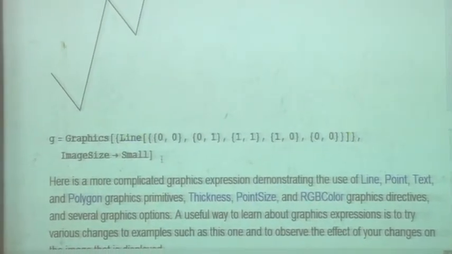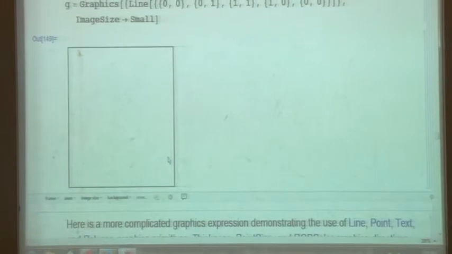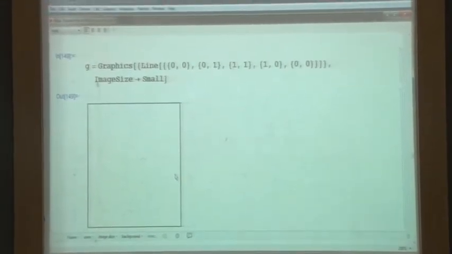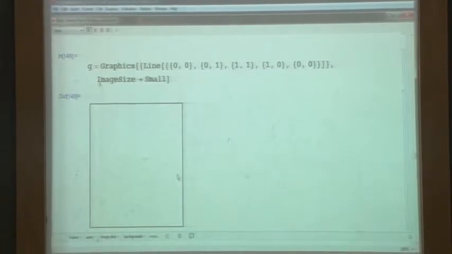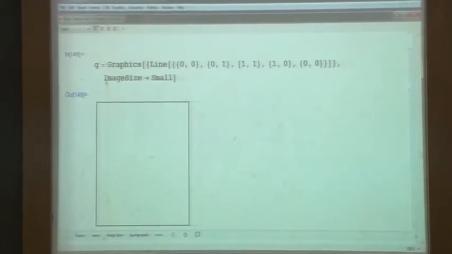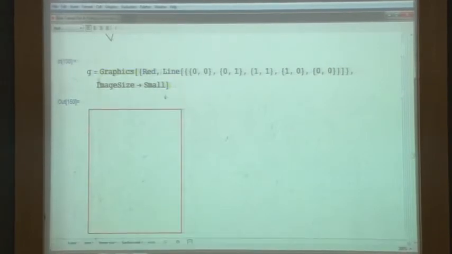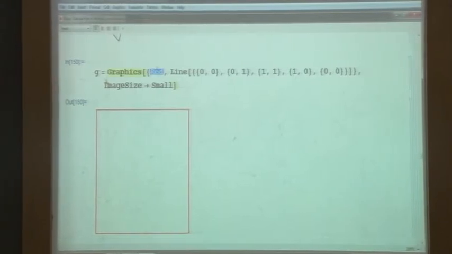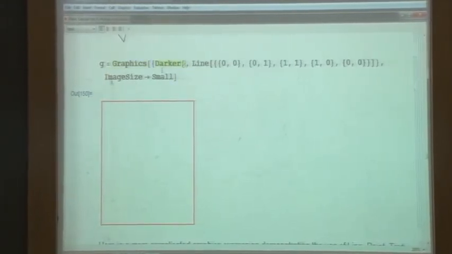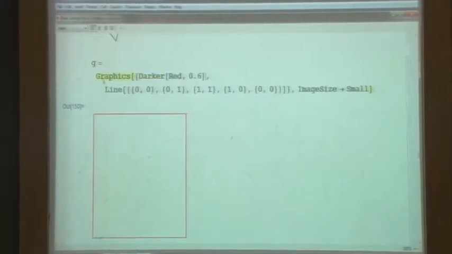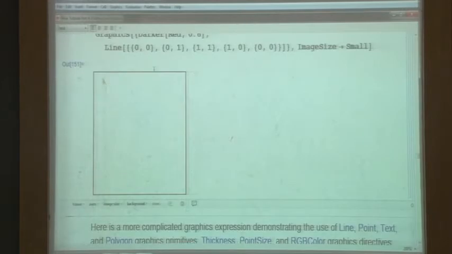Okay, so once I do that, I got my box. But my box is black. Saya minta warna merah, benar? Okay, so I put the command here, Red, and that's it. Or I can put DarkerRed 0.6. That's another way of putting the color, just a different color.